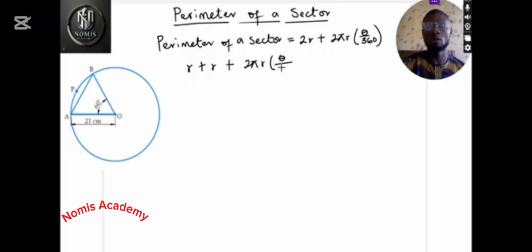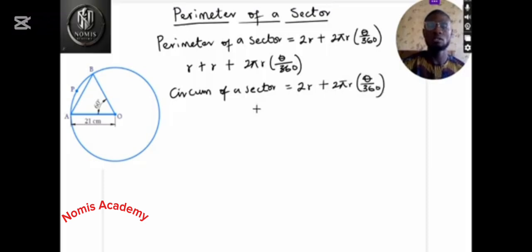So that is how simple this formula is. So you can always remember that the circumference or the perimeter of a sector is equal to 2 radii plus 2 pi r open bracket theta all over 360.